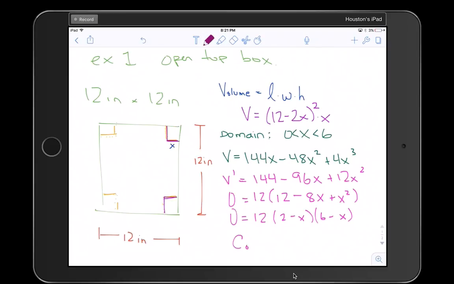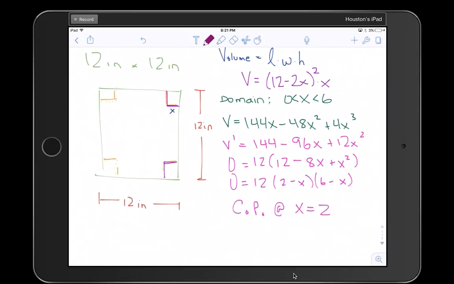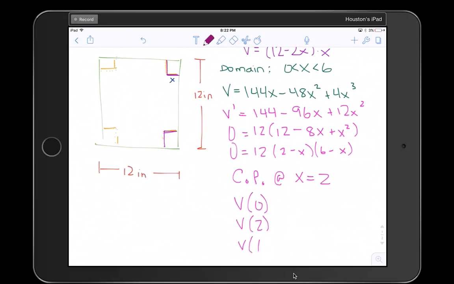So our critical points are going to occur at 2 and 6, but again, 6 isn't in our domain. So the only point to test is at 2. We're also going to need to check our endpoints, since it's really the absolute maximum we're looking for. So we're going to look at the volume at 0, the volume at 2 at our critical point, and the volume at 6.